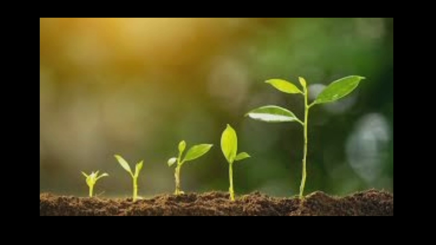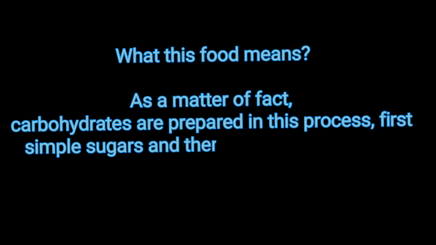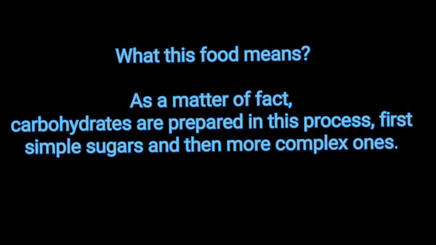Now what does this food mean? Food is prepared during synthesis. As a matter of fact, carbohydrates are prepared in this process: first simple sugars and then more complex ones.